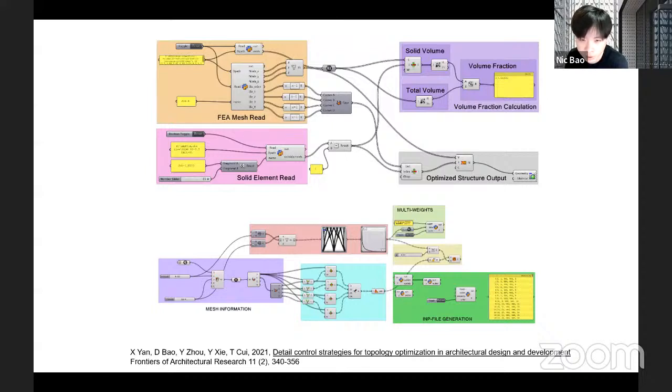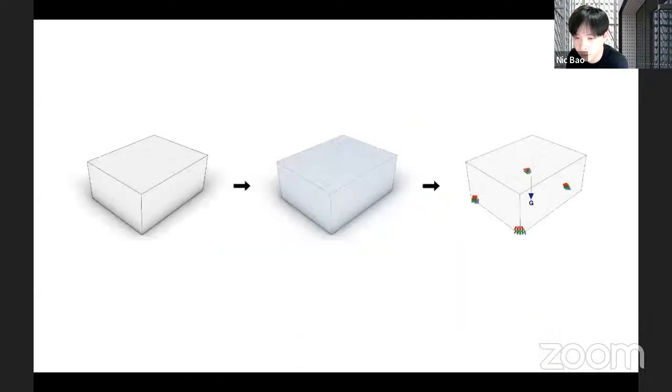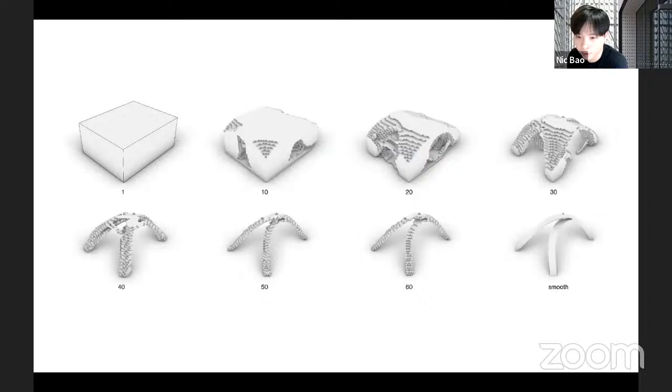We developed this Grasshopper system to help with the detailed control strategy for topology optimization in architecture design and development. So we set up the form, added gravity, and set up the boundary conditions. After 60 steps of iteration, we got this shell system pavilion.